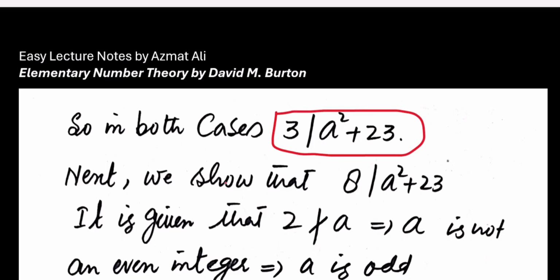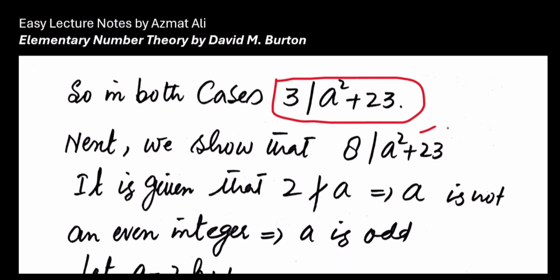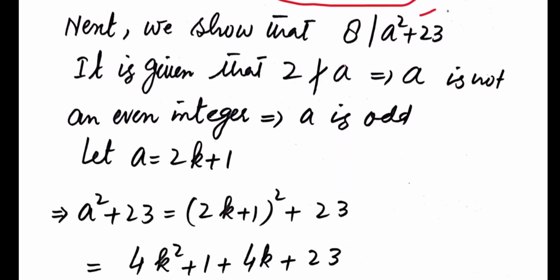Next, we show that 8 divides a square plus 23. It is given that a is not divisible by 2. If a number is not divisible by 2, it means that number cannot be an even integer. So a is not an even integer, and there is only one possibility for a: it must be an odd number.